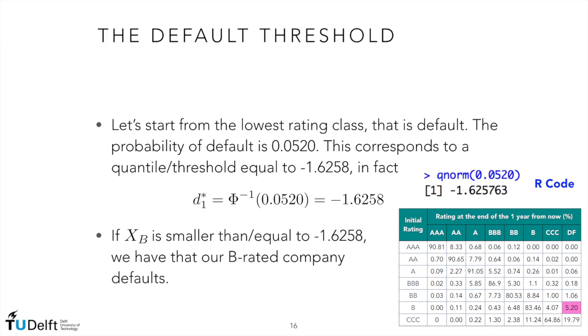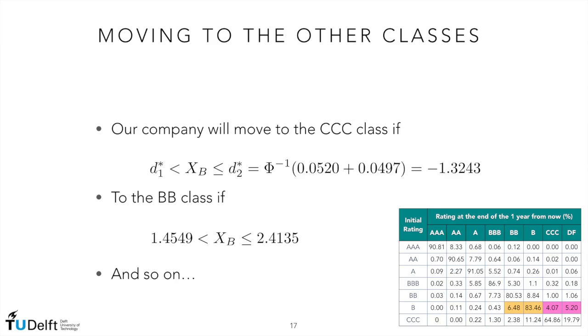We can use R or any other program to compute the quantiles, even the old-fashioned but reliable standard normal tables. Similarly, we can study the thresholds associated to the other migration probabilities for our company. We simply need to cumulate the right probabilities and to invert via the quantile function of the standard normal.